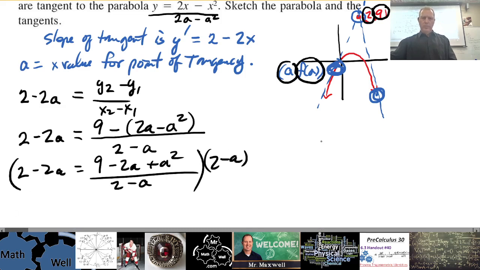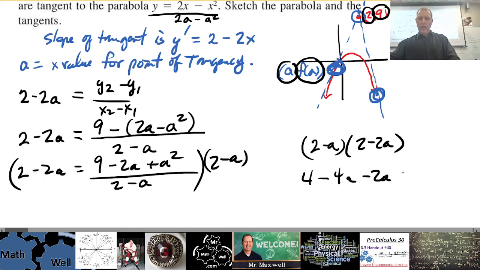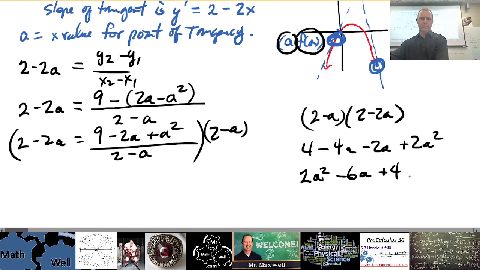So 2 minus a times 2 minus 2a. What does that give us? That gives us 4 minus 4a minus 2a plus 2a squared, or 2a squared minus 6a plus 4. That's what's on the left side. And on the right side, of course, is just this right here.